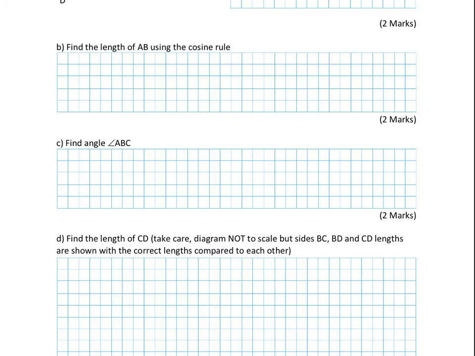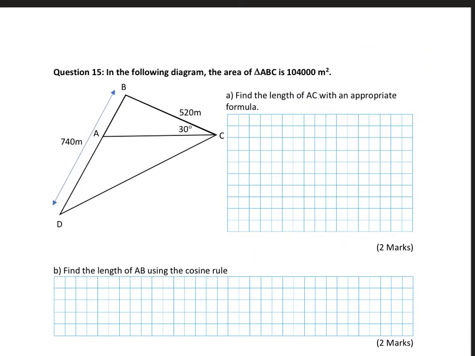Page 7. In the following diagram, the area of triangle ABC is 104,000 square meters. Find the length of AC with an appropriate formula.